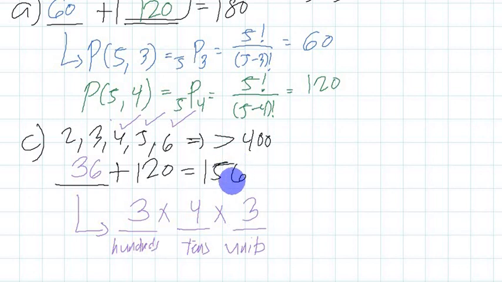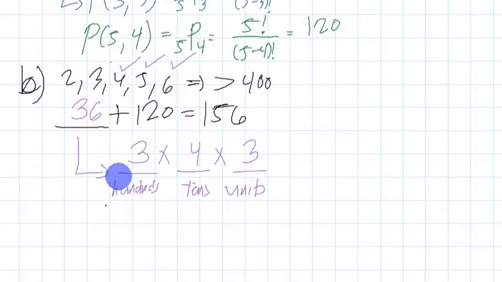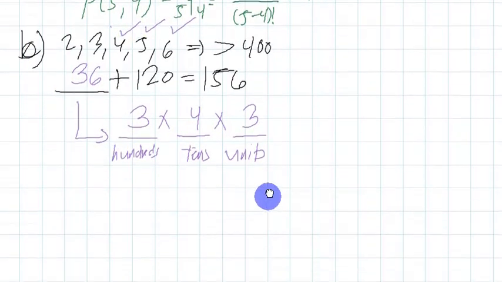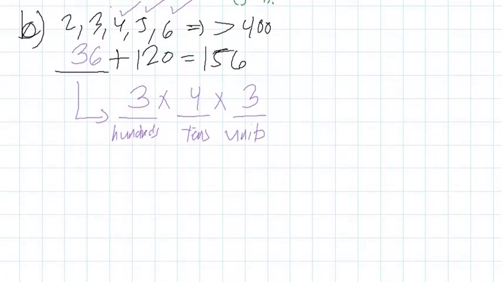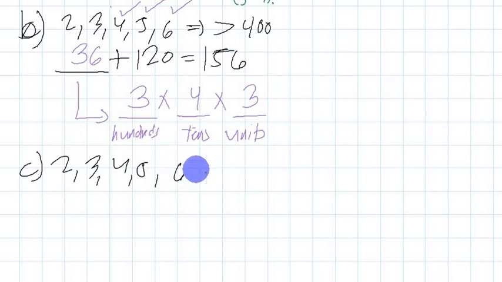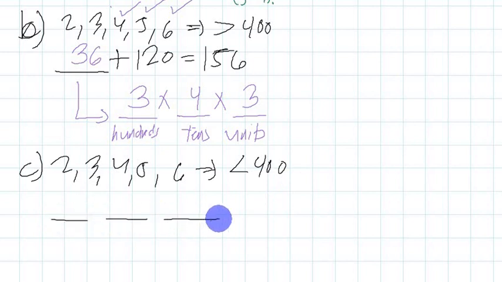So the total number of 3-digit and 4-digit numbers greater than 400 would be 156. Sorry, this is the second question. The last question is how many of them would be less than 400. If we follow the same logic as in the second problem, we are not going to include the 120 because all of them are greater than 400. So we're only going to have the 3 digits.